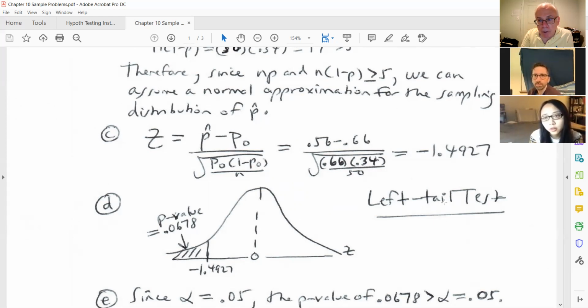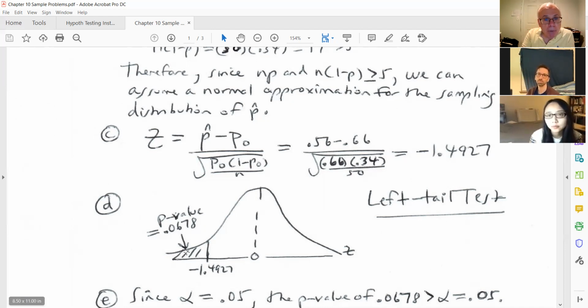Yes. So in Excel, you would just find the area to the left. So you would use normal dot dist. You're finding the area. And remember the normal distribution function is asking for the area to the left, and that's what you have here, the area to the left.